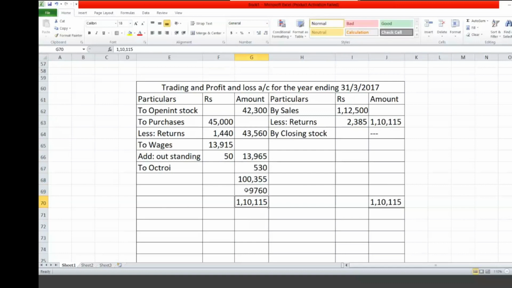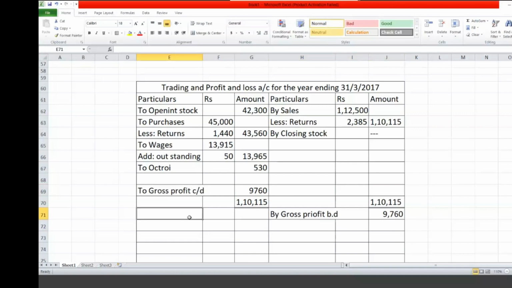It is 9,760. So it's called gross profit. To gross profit, carry down. Again, this gross profit we will bring to the credit side, by gross profit brought down. How much? 9,760.